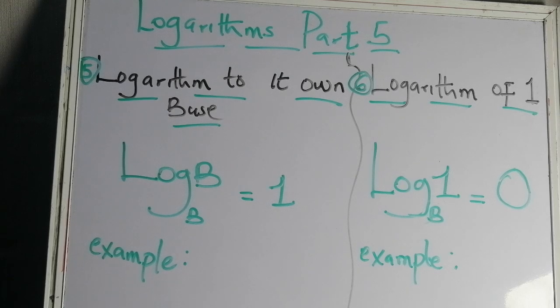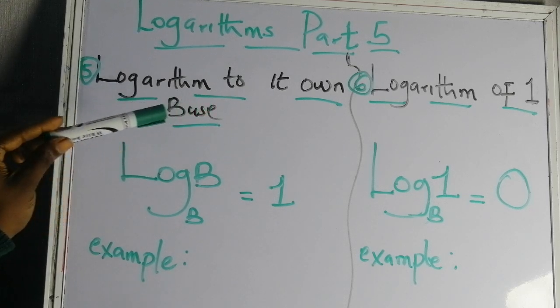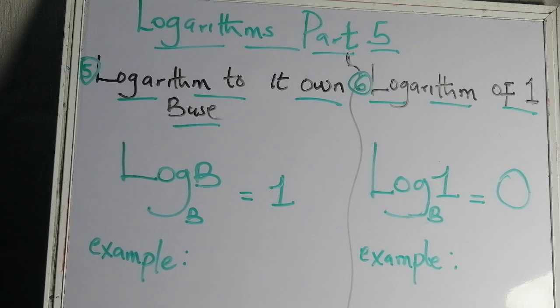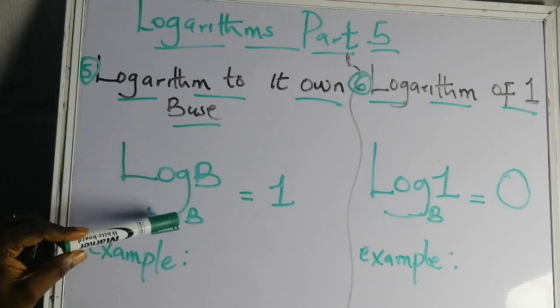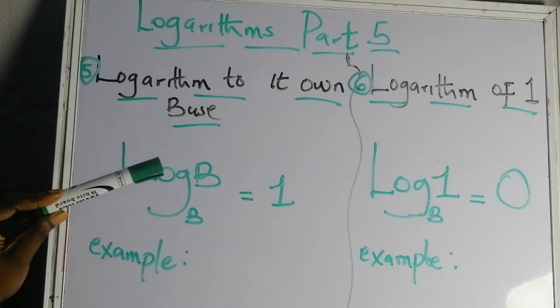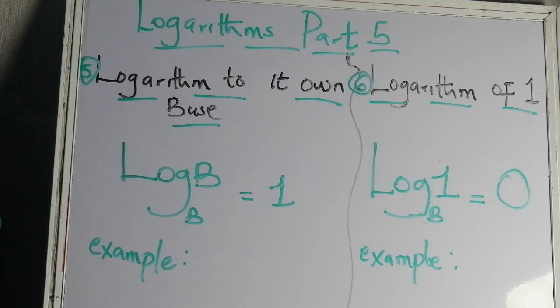If you look at this logarithm very well, it's very straightforward. You have logarithm of b to base b. What that represents is that they must be the same number.